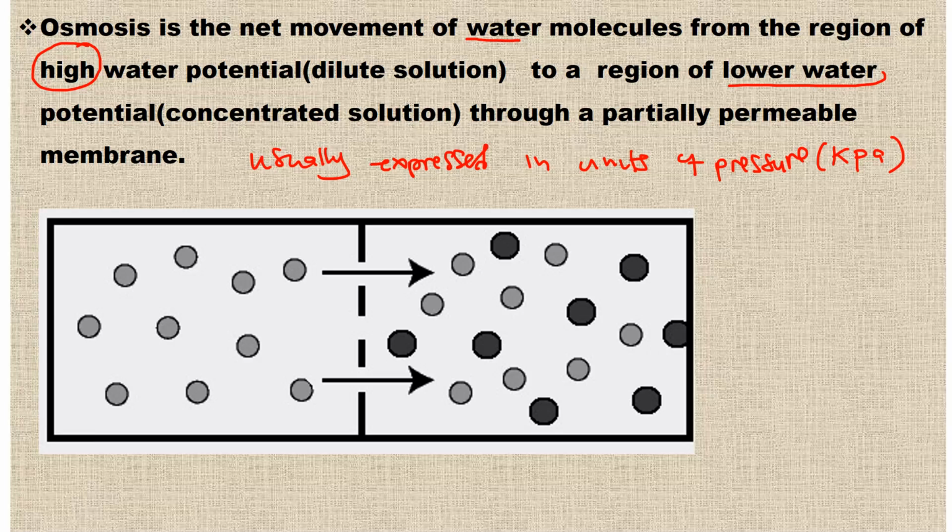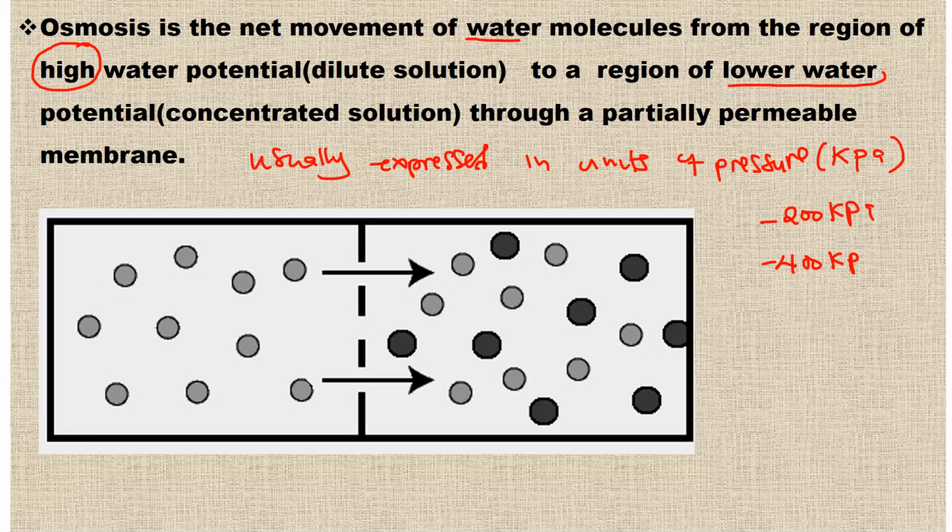Now, listen, let me just give two numbers here so that you understand. Let's say negative 200 kilopascal and negative 400 kilopascal. Between these, which one has high water potential?